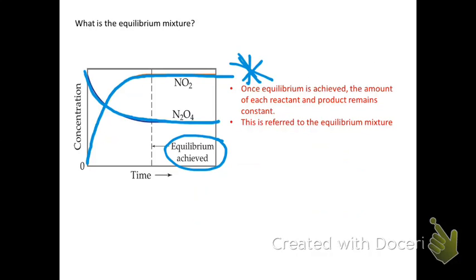You need to make sure that you really understand that when equilibrium has been established, the concentrations of both the reactants and products are going to remain constant, will not change. Okay? Now, this is referred to as the equilibrium mixture. Because those concentrations are constant, the equilibrium mixture gives us a lot of information, which we're going to learn about here coming up very soon in this lecture.